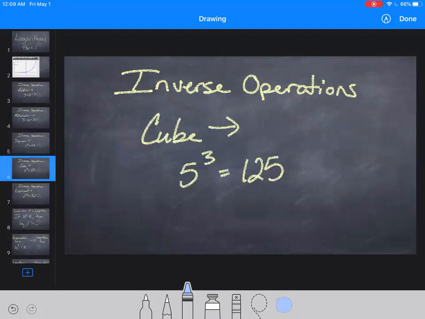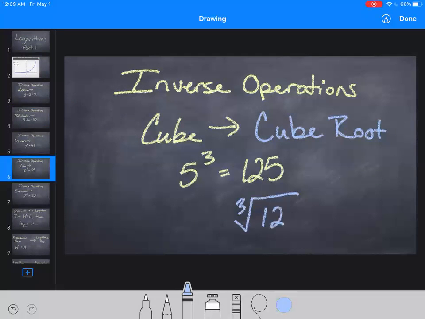This goes along with cubing as well. If I wanted to take the cube of something, I know the inverse operation, or how to undo a cube, would be to take the cube root. So 5 to the third is equal to 125. I could say the cube root of 125 is equal to 5, because I know 5 times 5 times 5 is 125.